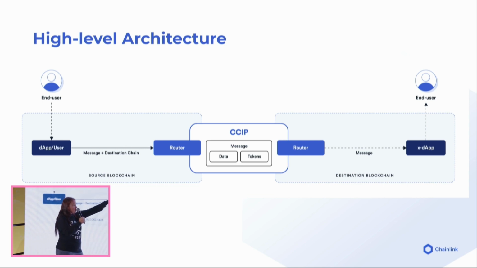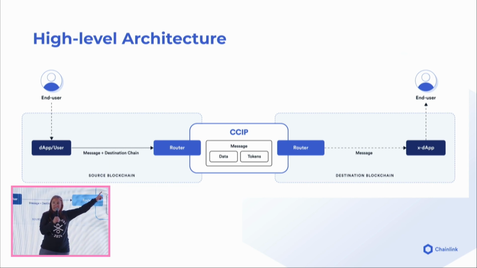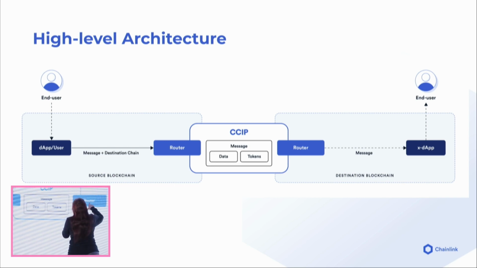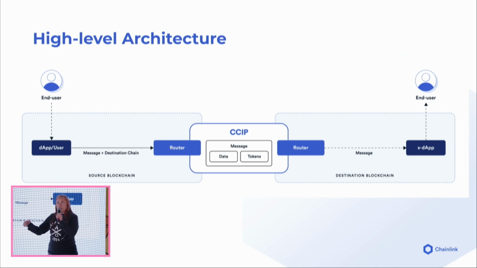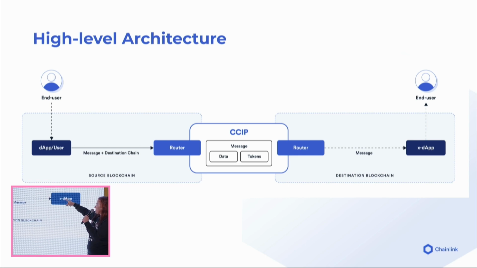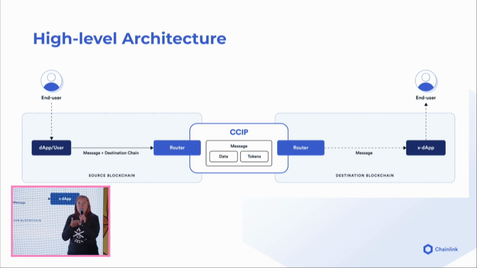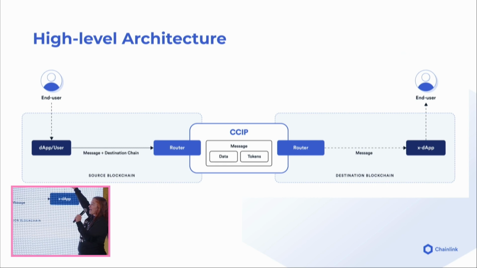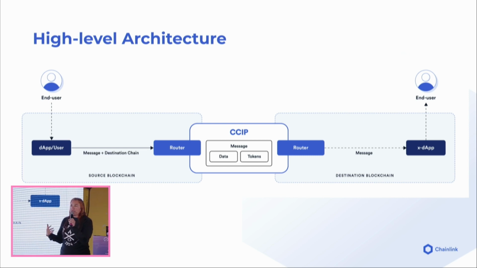We have an off-chain part, a decentralized oracle network, that takes care of this. After this, the router in the destination blockchain receives your message, your transaction, and then maybe you are sending to some application over there, or in my case now, I'm sending directly to my wallet because I'm sending USDC.